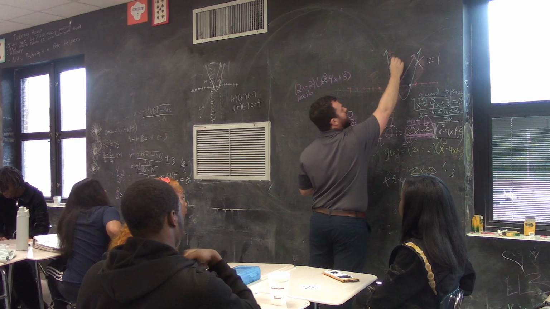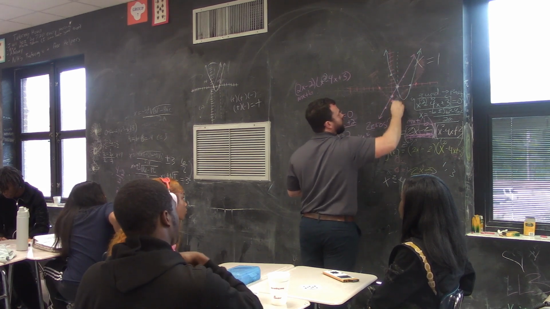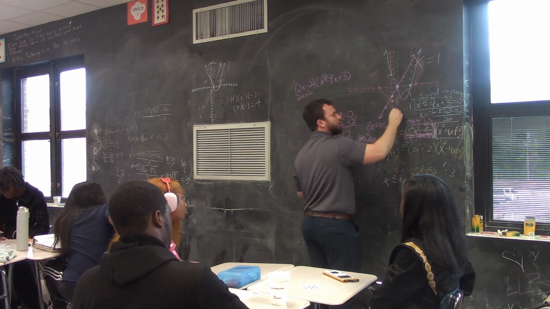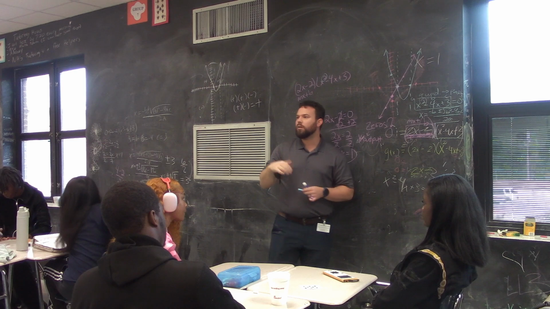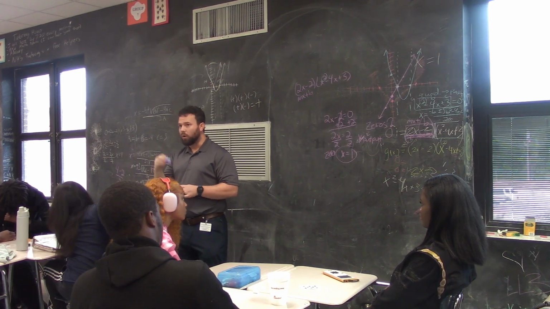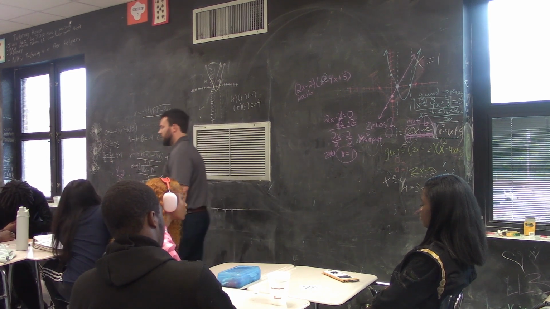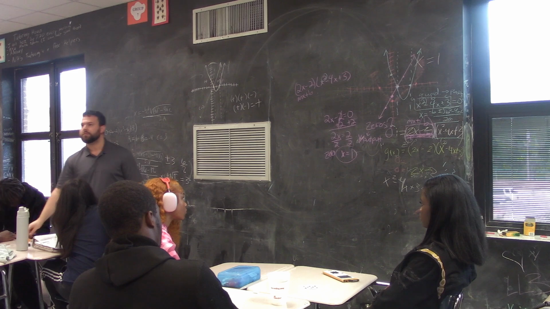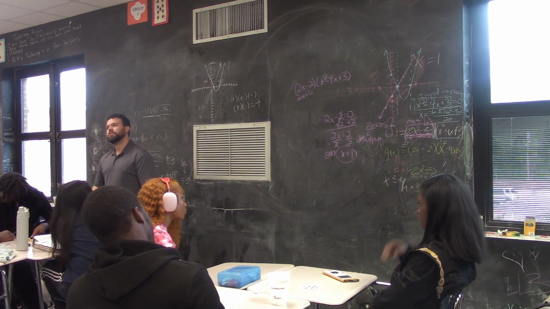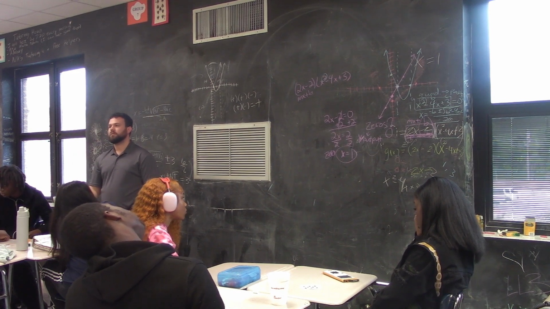Remember, I want to mark those x-intercepts. Boom. And boom. Because what are we essentially doing with those 2 functions? This is a core foundational piece that we need to hold on to. What are we doing with those 2 functions? What about them are we multiplying? Not just the roots.